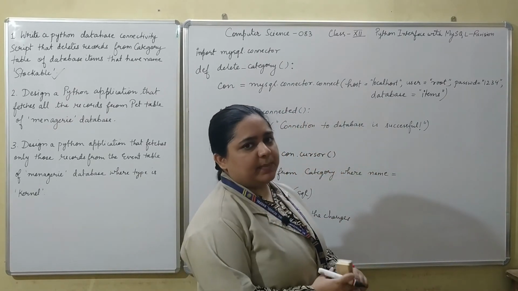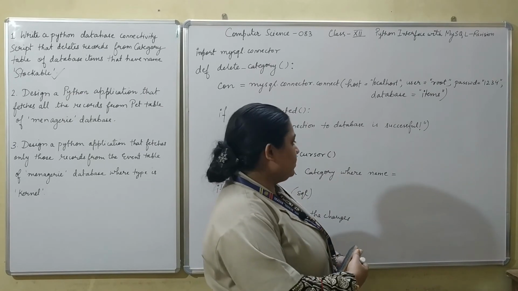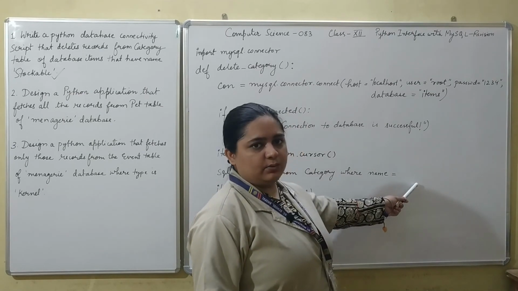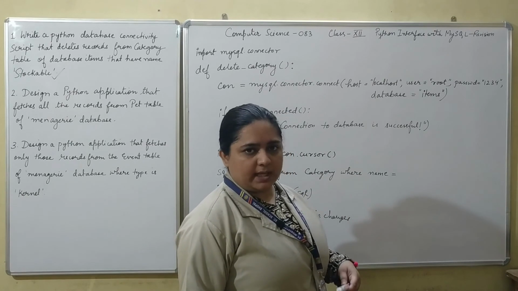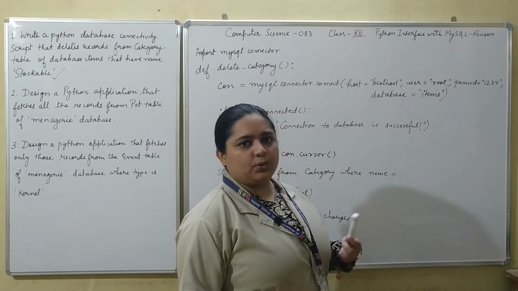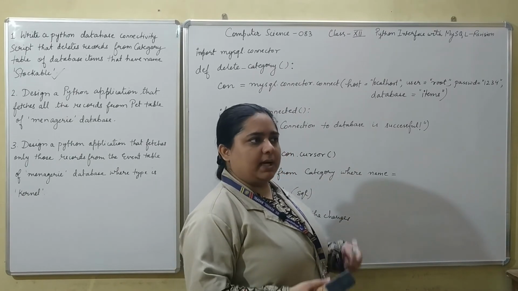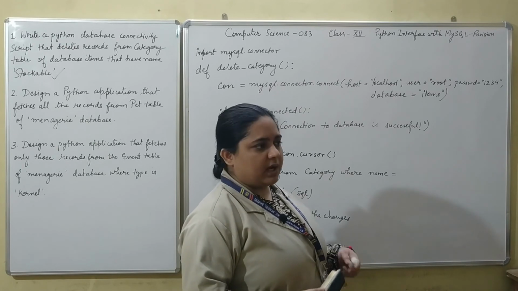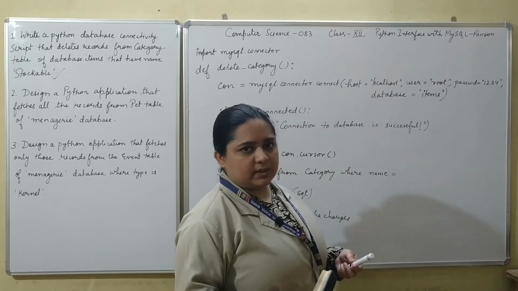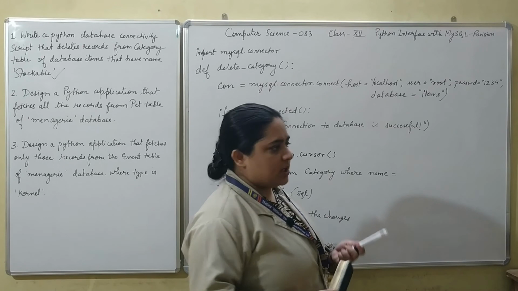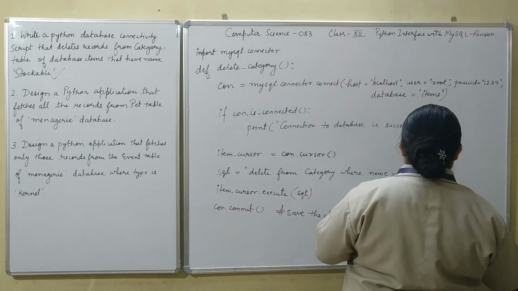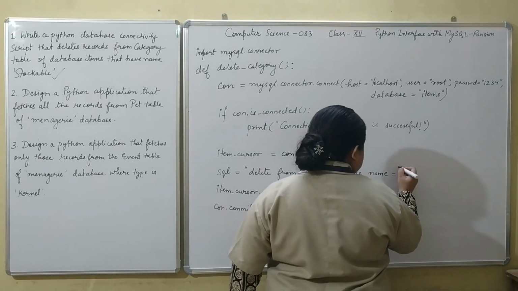I had explained in the class before that to send additional values in the form of parameters to SQL, we make use of two approaches. One was the traditional approach and one was the new approach. So we are going to first use the traditional approach here.